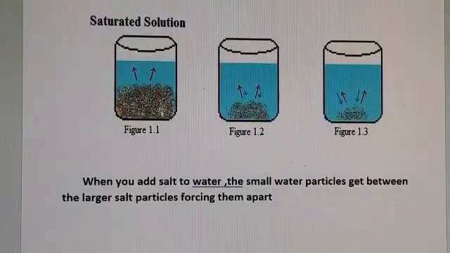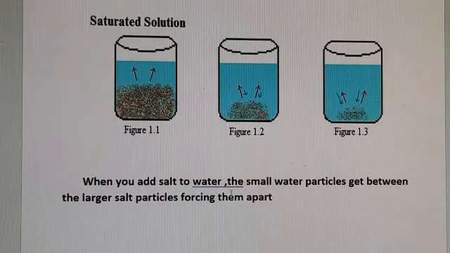When you add more substances, the gaps in between the water do not allow more substances to dissolve. When you add salt to water, the small water particles get between the larger salt particles, forcing them apart. It means water has small particles and salt has larger particles.